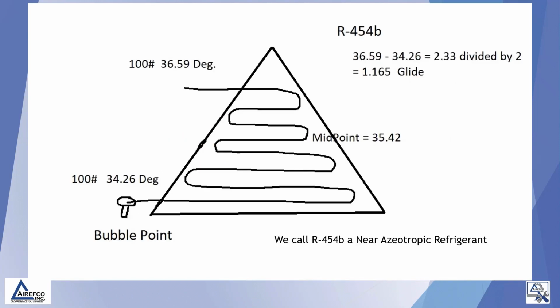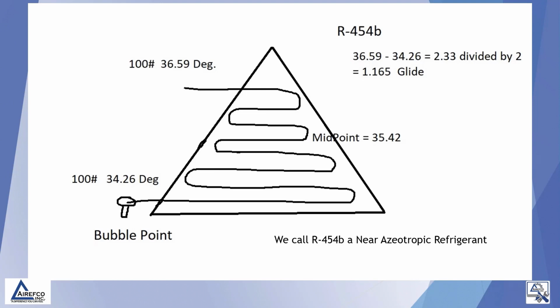On this slide, we see a visual of R454B as it moves through the evaporator. As we saw on our slider a moment ago, our entering temperature at 100 pounds is 34.26 degrees. Our exiting refrigerant temperature at 100 pounds is 36.59.